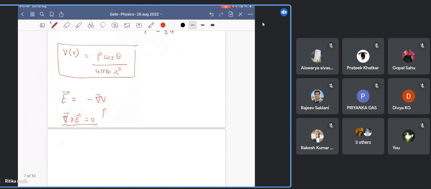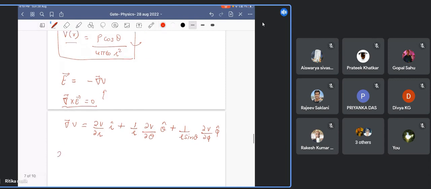In spherical polar coordinates, the gradient of V can be written as del V by del r in the r cap direction, plus 1 by r del V by del theta in the theta cap direction, plus 1 by r sine theta del V by del phi in the phi cap direction. If you look at the potential V and calculate del V by del r, it becomes del by del r of p cos theta upon 4 pi epsilon naught r square.